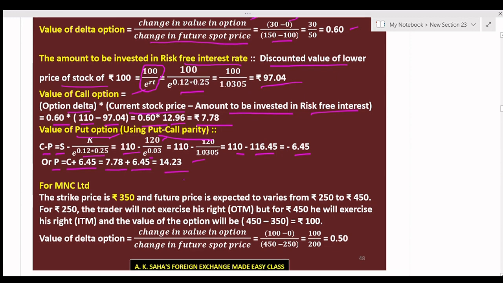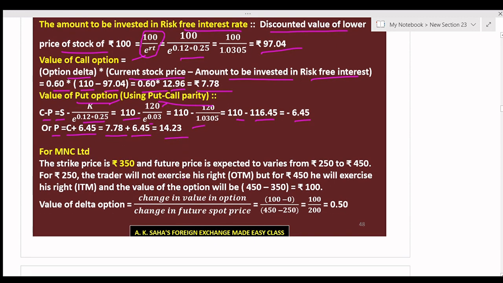For MNC Limited, the strike price is rupees 350 and the future price is expected to vary from 250 to 450. For rupees 250, the trader will not exercise his right because it is OTM, but for 450 he will exercise his right because it is ITM, in the money.